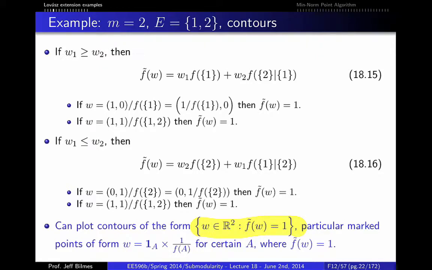In particular, we're going to mark certain points which correspond to sets A, and the points are going to be characteristic vectors of A times 1 over f of A, which is exactly what we saw here, here, here, and here. So that all corresponds to this stuff down here. Okay? And in each case, the Lovász extension is equal to 1.